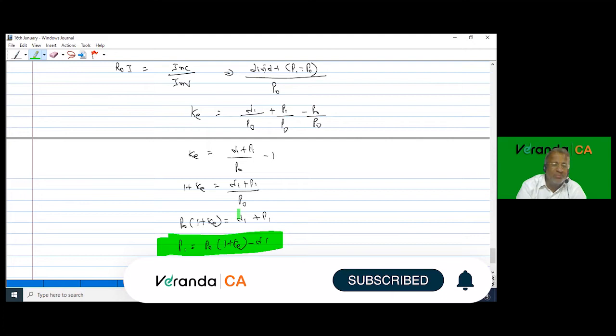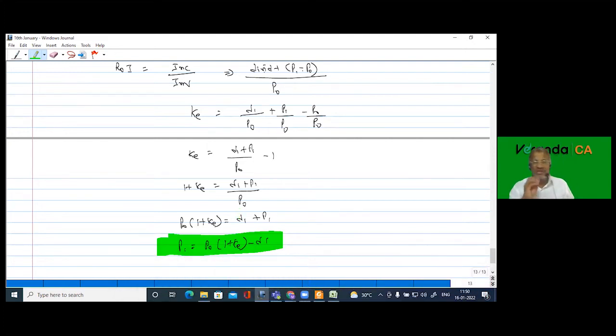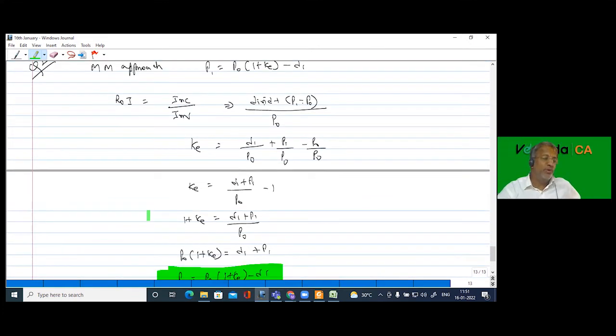A simple formula we could get through Modigliani and Miller. No big deal. If you know the origin, as to how the formula is derived, even if you forget the formula, you can derive it. That is the reason I took 2 minutes to explain how cost of equity is arrived at in the Modigliani and Miller approach. Now let's read the question.